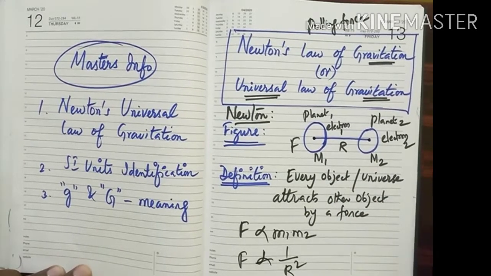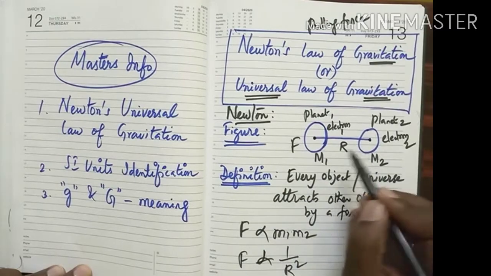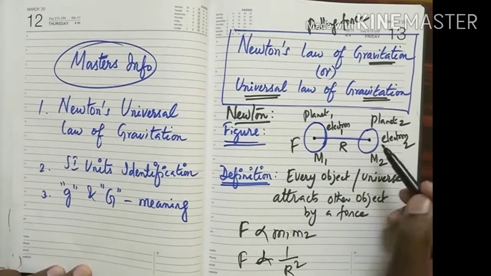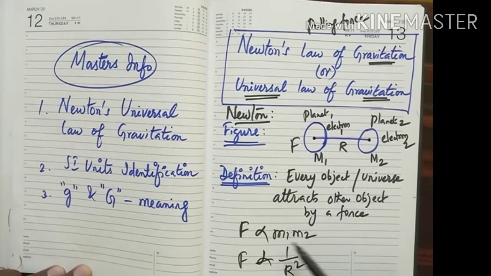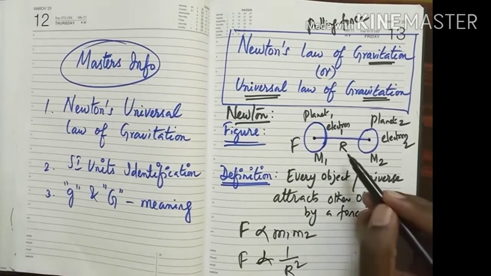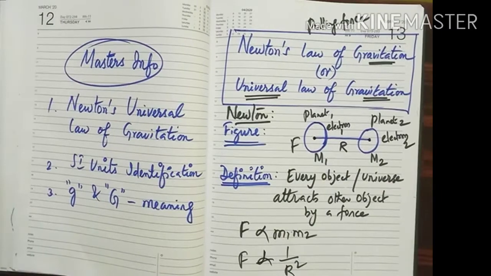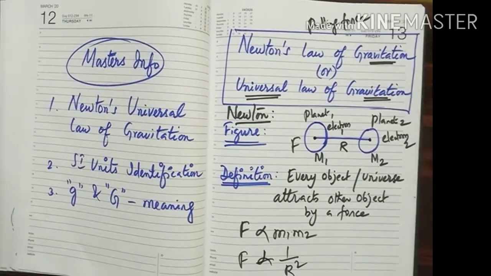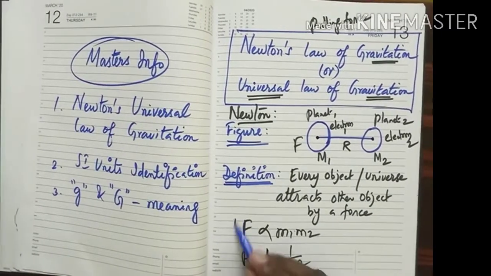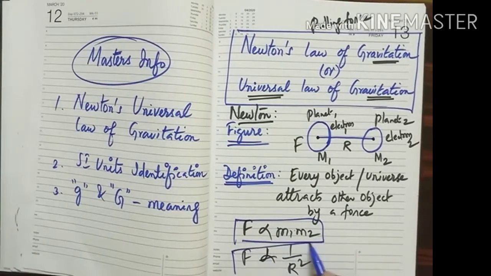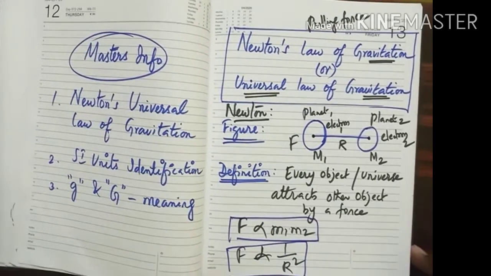So this is the definition, which says that the force depends on two things. One is the product of masses, the multiplication of masses, then it is inversely proportional to the square of the distance between them. The distance has to be squared. What is directly proportional and what is inversely proportional is very important.